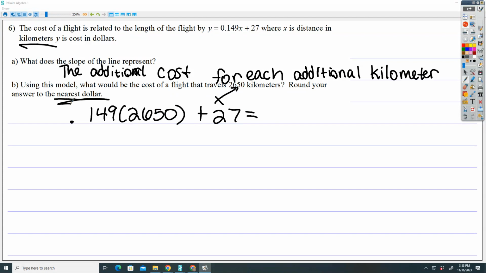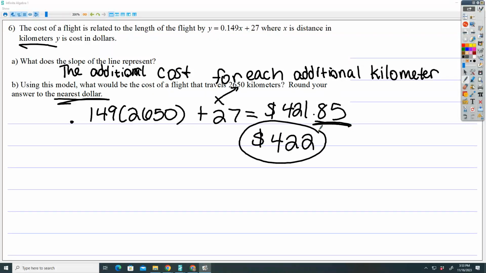Round to the nearest dollar. So I get $421.85. That's not rounded to the nearest dollar. 85 cents is over 50, so we round it up to $422. Okay, that's line of best fit.